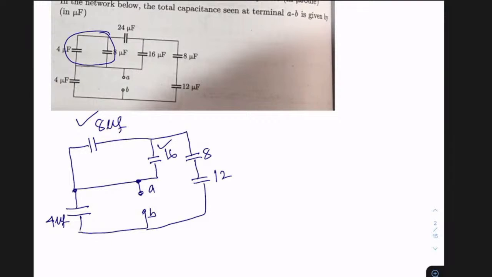If you see these two elements, 8 microfarad and 16 microfarad, one end is node C and the other end is A. This node is A only, right? So they are between node C and node A, so they are said to be in parallel. If they're in parallel, the parallel combination of 8 and 16 becomes 24 microfarad.